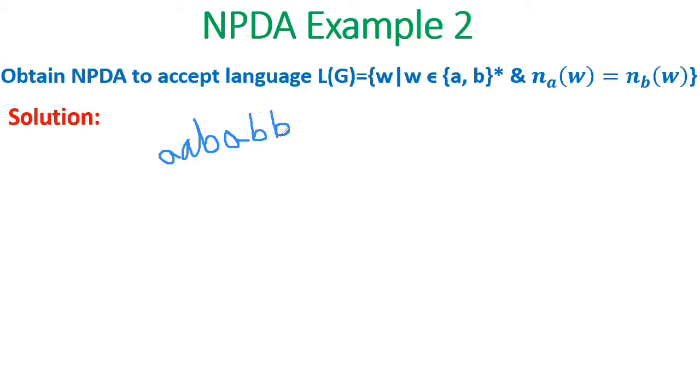So how do you identify this by using the stack is, see, take a stack initially. What is on top of the stack? Z0 is on top of the stack. What is the first symbol you get? A is the first symbol you get. So I'll push it onto the stack. A is pushed onto the stack. Now, what is the second symbol you get? A again.